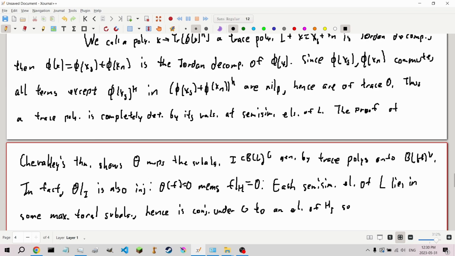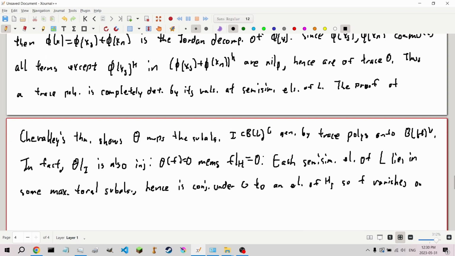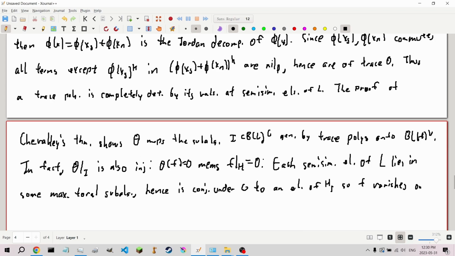So f vanishes on semi-simple elements of L. So f is 0.